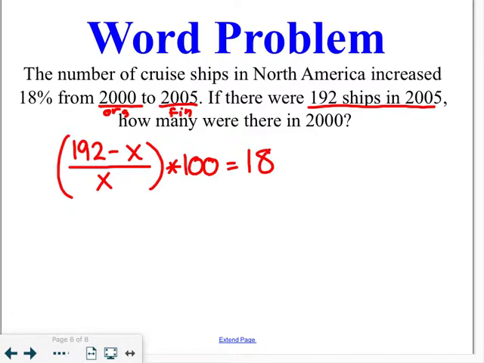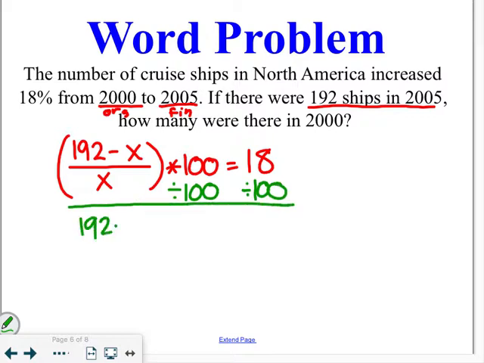Then we're going to go ahead and use SAD MEEP to solve. Since that whole first part is in parentheses, we're going to deal with that last. So the first thing we need to do is divide by 100. That gives us 192 minus x over x is equal to 0.18.